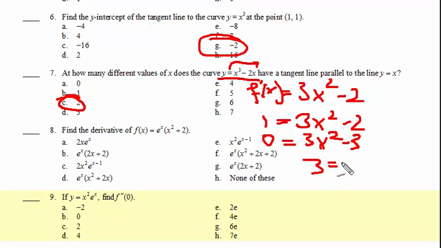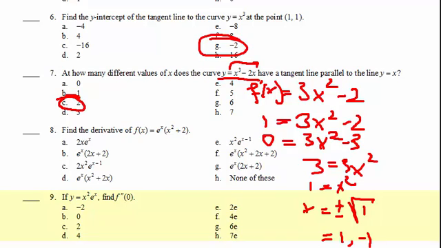Plus 3 equals 3x squared. So that means 1 equals x squared. That means x equals plus or minus the square root of 1. And that means x equals 1 or -1, and that is 2 solutions.